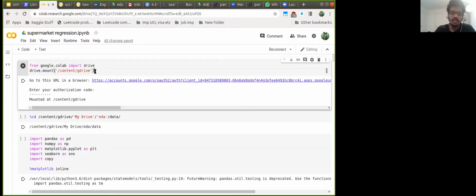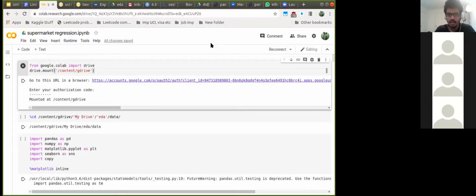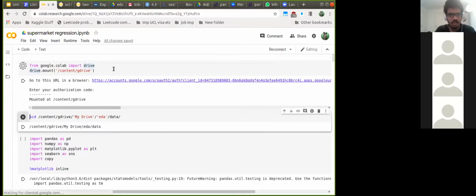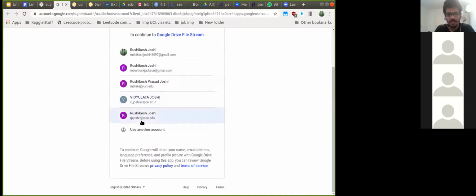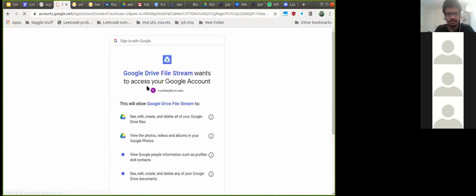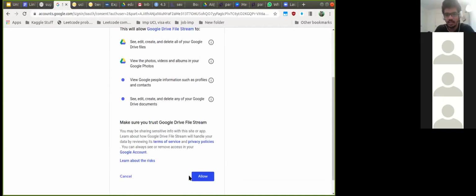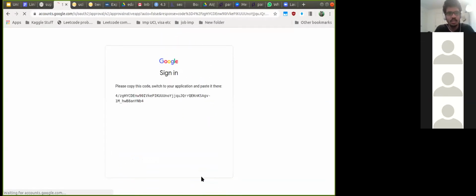So let's see our EDA in action. You can run these cells along with me, but for this notebook, it's really not required. For the next one, it will be required, because I would want you guys to perform the EDA process. One second.